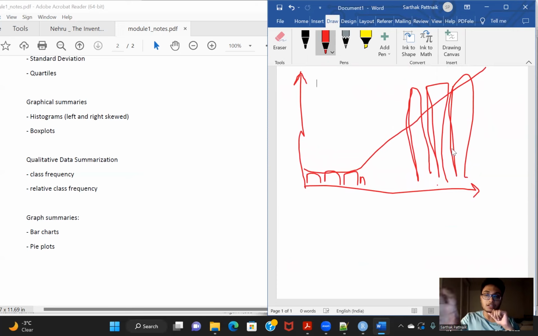So in this particular scenario, majority of the observations fall on the right hand side. This sort of a histogram is called left skewed.